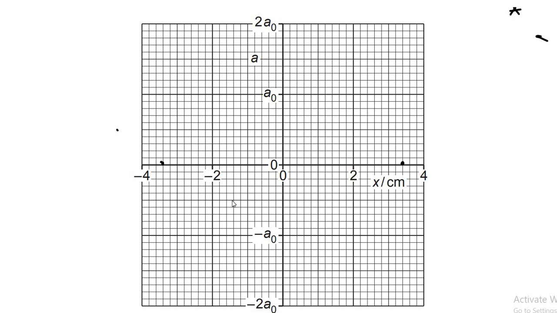So you draw, which means it will be here with acceleration, and also here with acceleration. So you draw a straight line that passes through the origin.